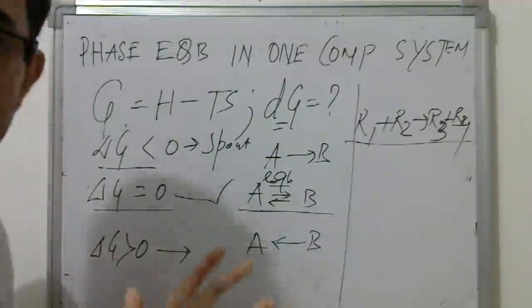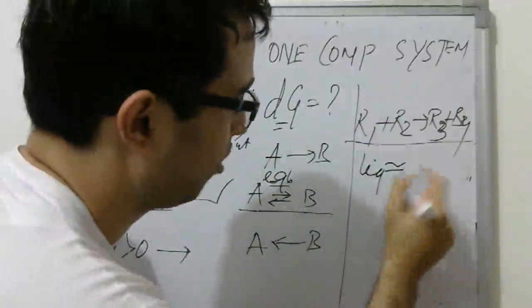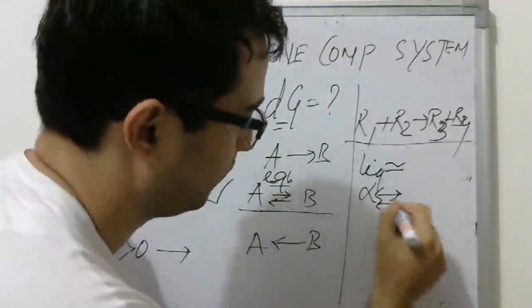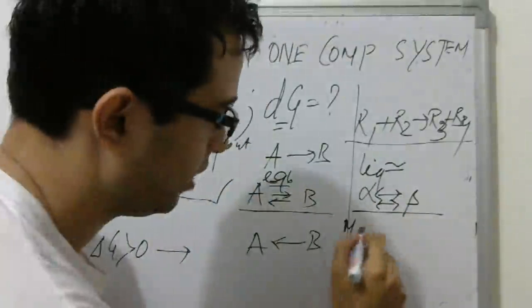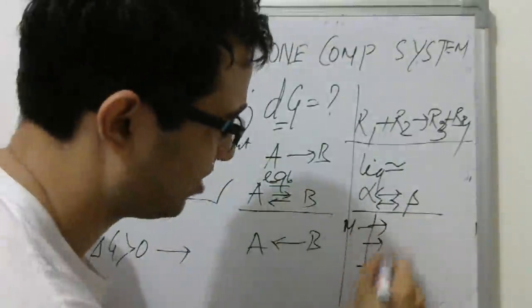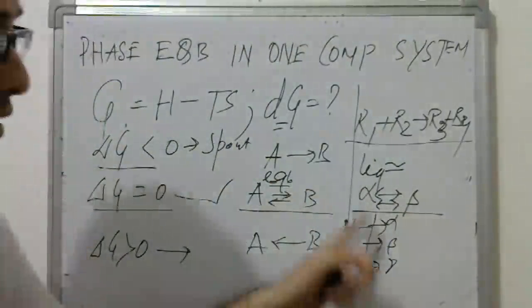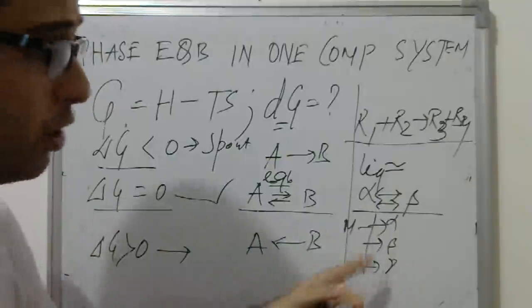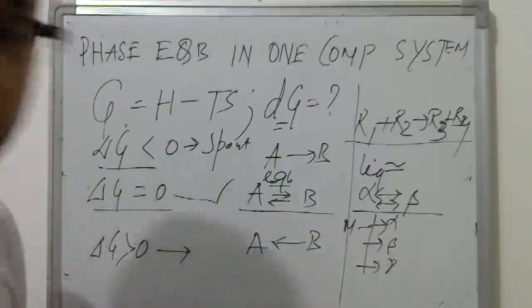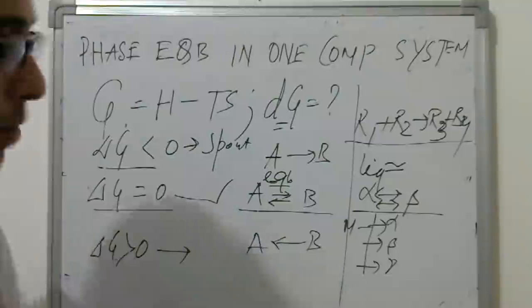There is a fixed composition, a fixed component. It's a liquid, or let's say alpha-beta equilibrium. If M is a material which exists in three states, alpha, beta, gamma, it can have multiple states for a given temperature. So we talk about equilibrium for the same material, between alpha, beta, and gamma. This is commonly called phase equilibrium.